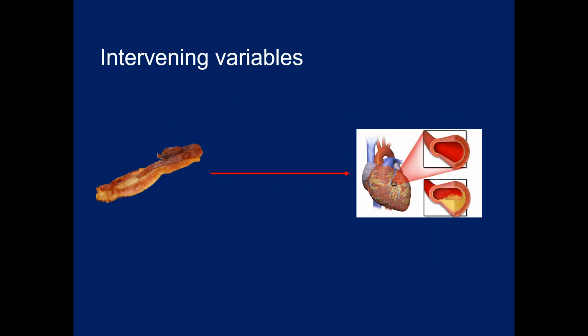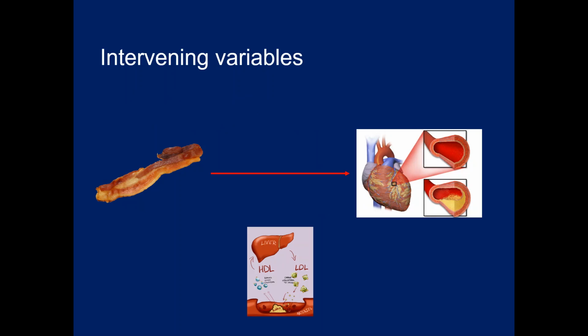This comes from imagining a scenario in which we're interested in whether dietary fat increases the risk of heart disease. Okay, so we're looking at that, and then we might say, well, is blood cholesterol level a confounder in that relationship?